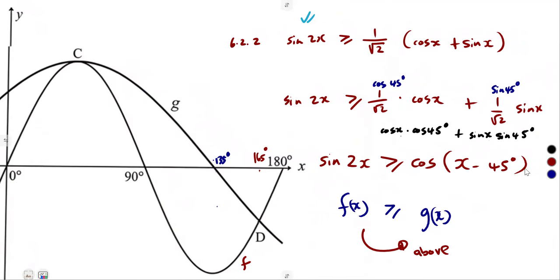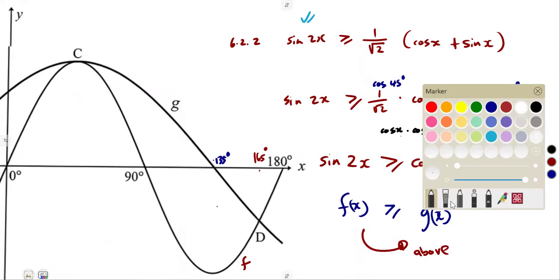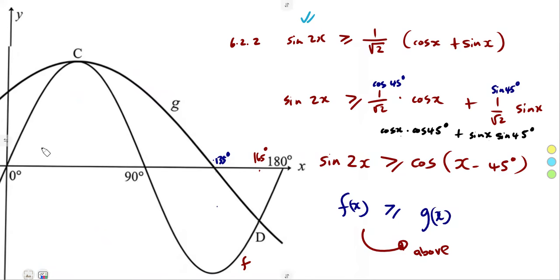All right, this is our f here. Let's just redo that part. This is our f. All this, as we can see on our f, up to the point D, it is below the graph of G. As you can see, the graph of G is the one that is ruling.